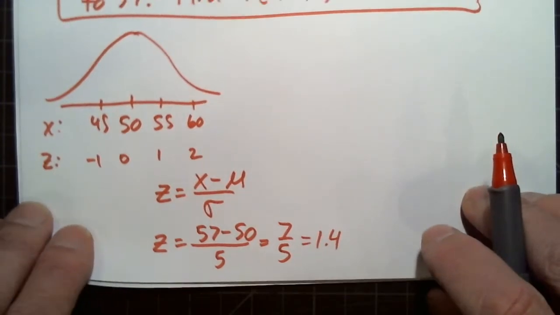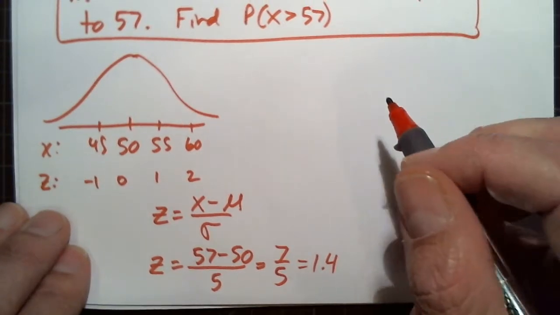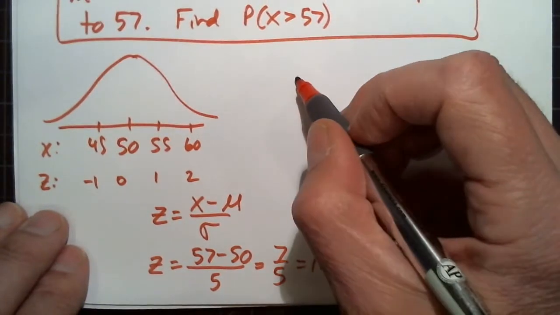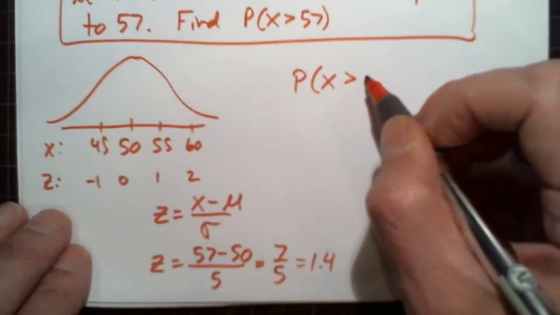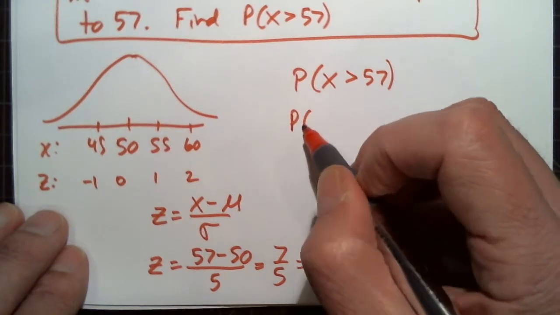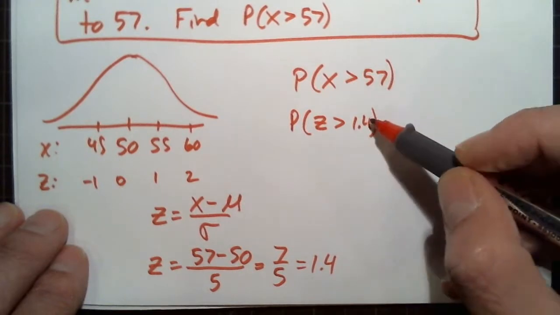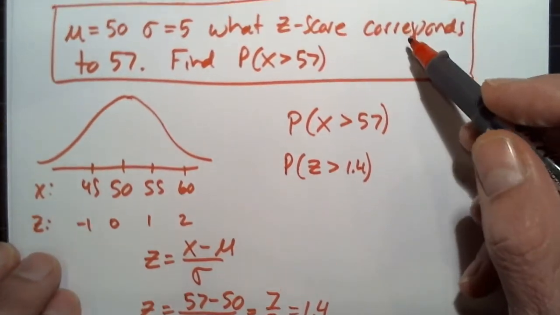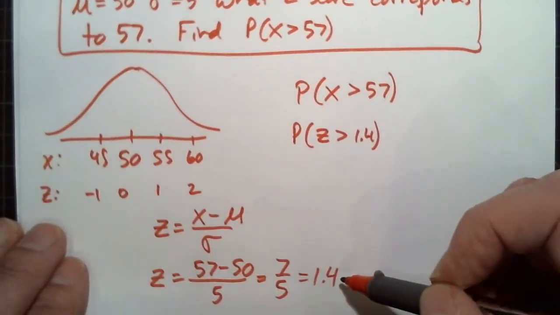Z is 1.4. So if we were using a z table, we would say x greater than 57 is the same as probability of z greater than 1.4. To answer this question, it said what z-score corresponds. So we did answer that question.